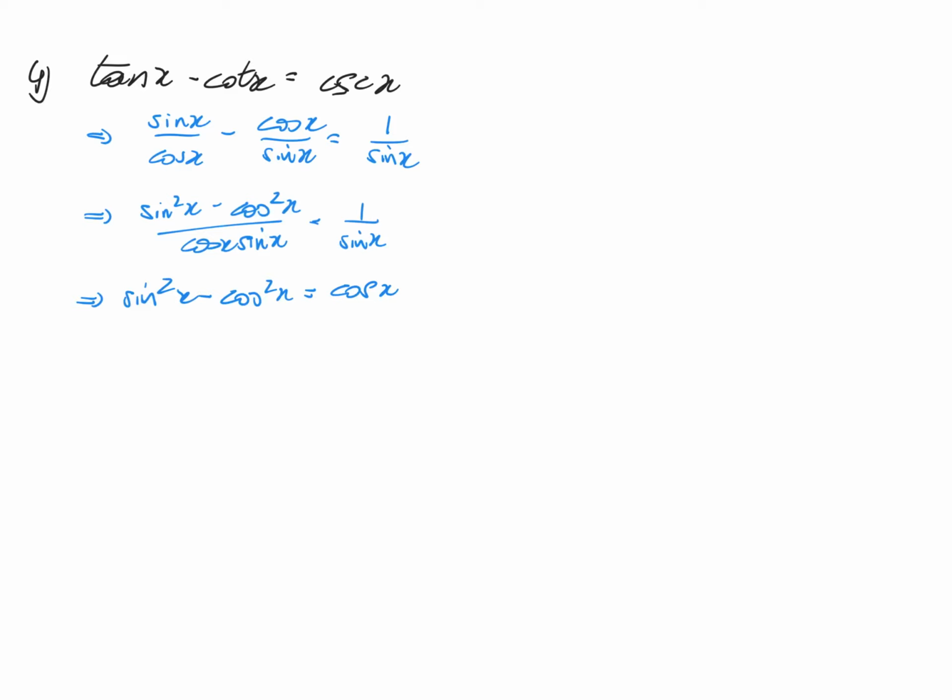We are now stuck with sine squared, cosine squared and cosine, so what we will be doing is change sine squared into something in cosine, which is easy to do because we know that sine squared plus cosine squared is 1. And so we get in the end here 1 minus 2 cosine squared x equal to cosine of x, or 2 cosine squared x plus cosine x minus 1 is 0.